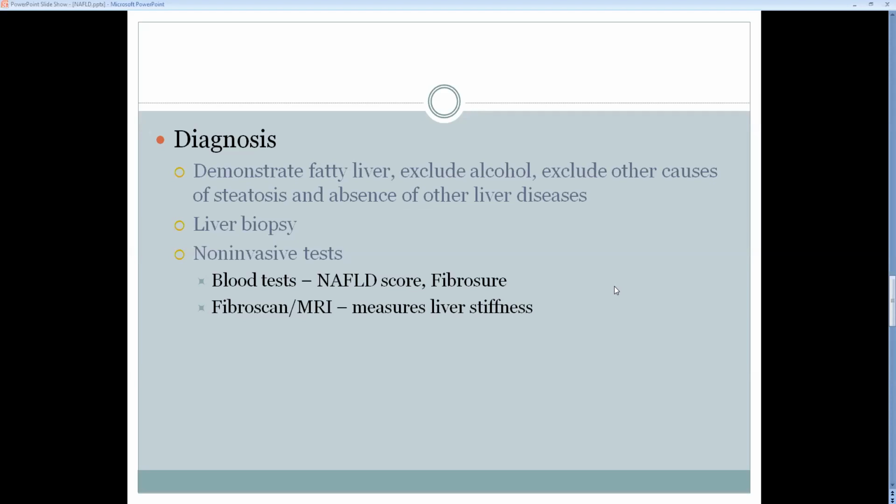And again, using an algorithm, it is able to give you a score in terms of how much fibrosis is present. And there's also an MRI elastography, which works by a similar mechanism, but uses an MRI instead. So both of those tests are in use and really have supplanted liver biopsies now.